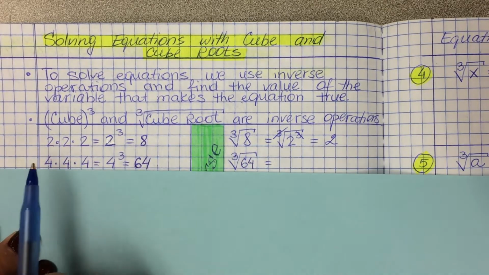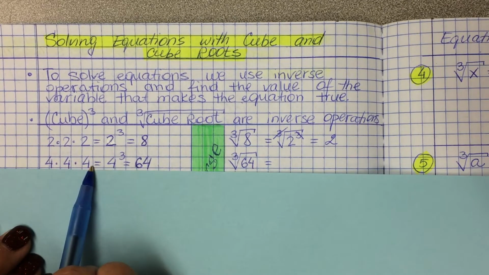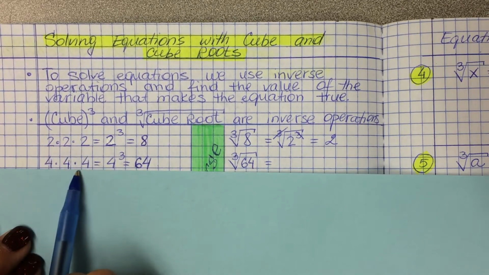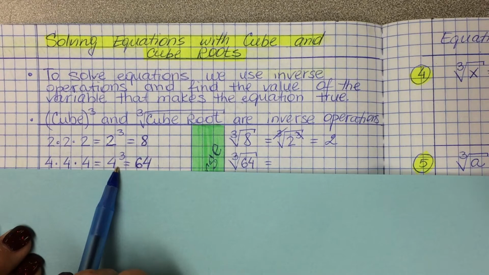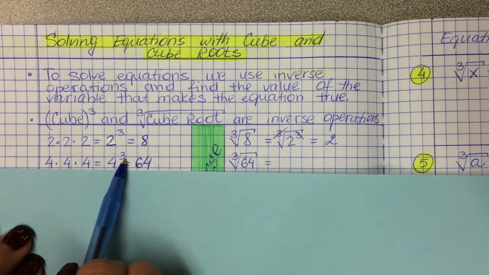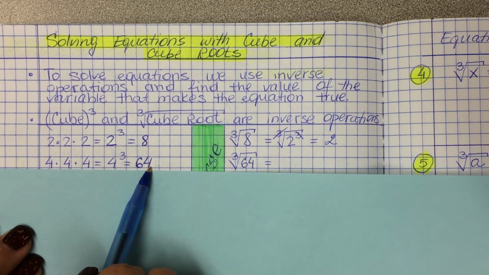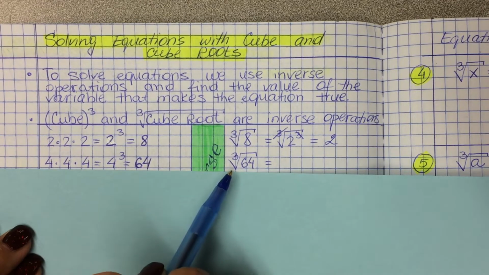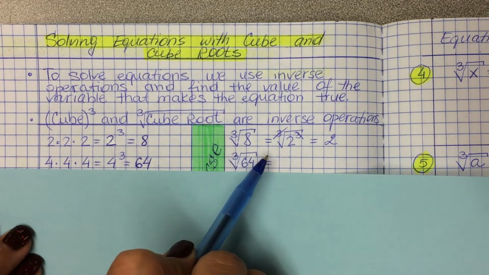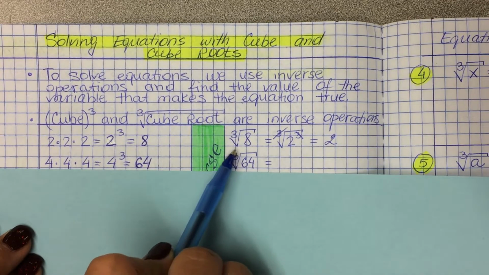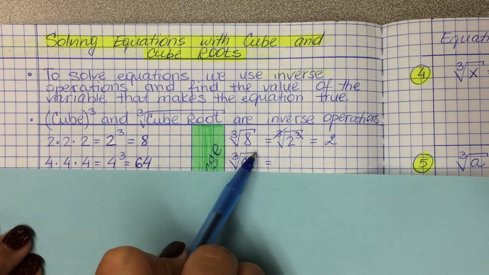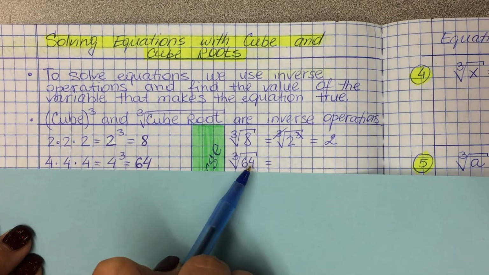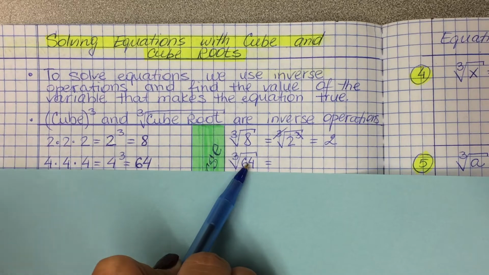Let's look at another example. 4 times 4 times 4, multiplying the base by itself 3 times, is called cube, 4 to the third power, which is 64. The inverse operation will be called cube root. The cube root, the little 3, is telling you that 64 is the answer for multiplying something times something times something, 3 times.